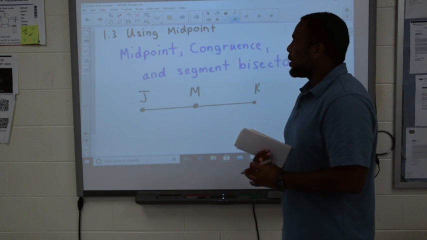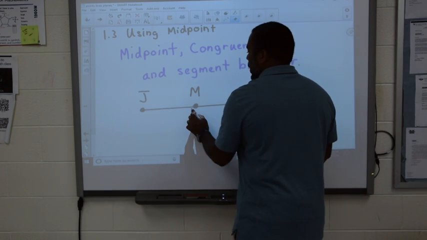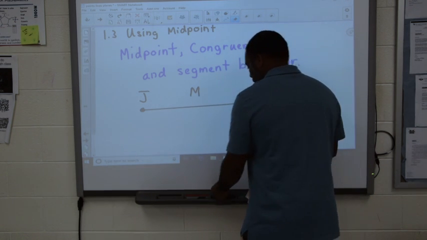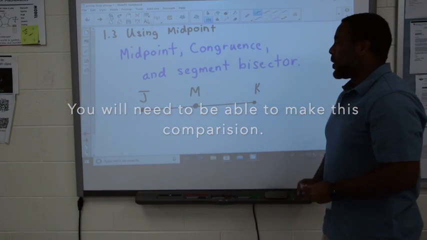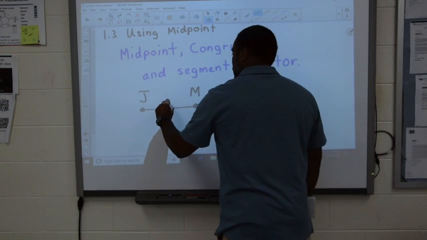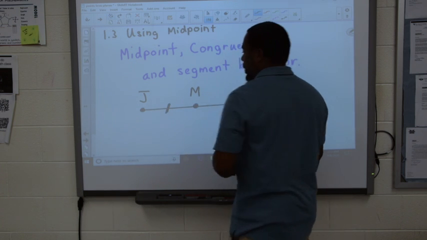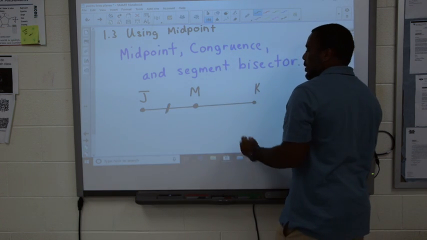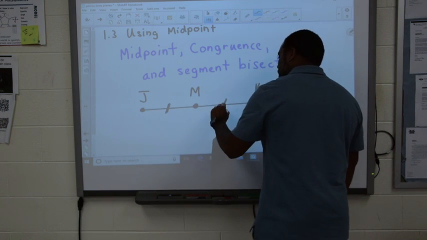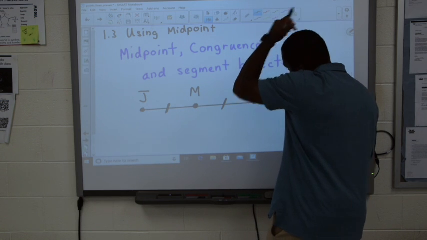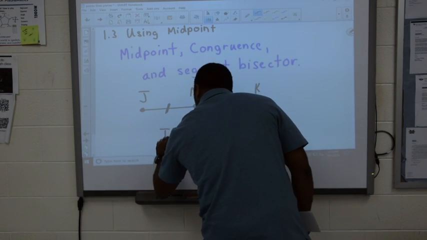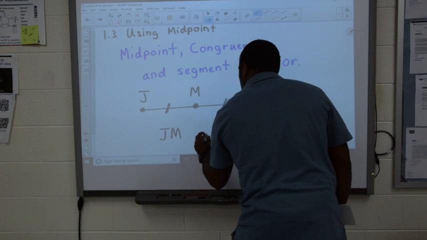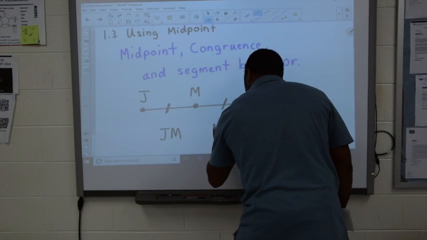Now what does that tell us about JM and MK? It tells us that JM, this piece right here from J to M, is literally equal to this piece right here, MK. So JM and MK.